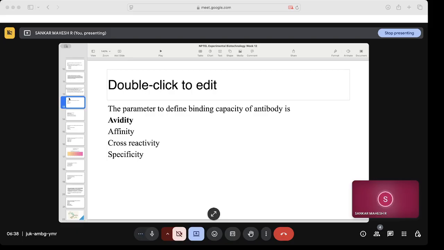So let's say you have an antibody that has multiple binding sites. This avidity concept talks about valency: how many of it is binding to how many.